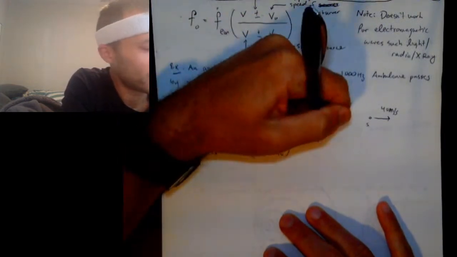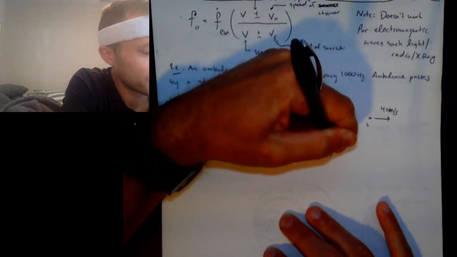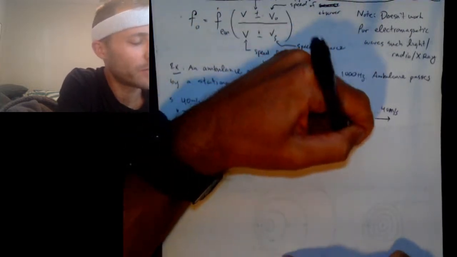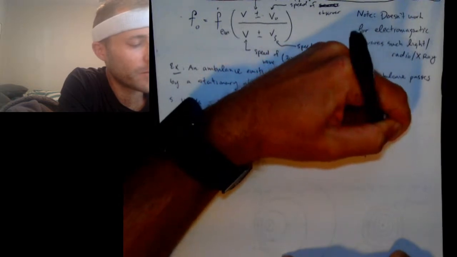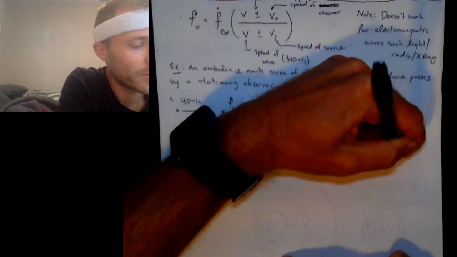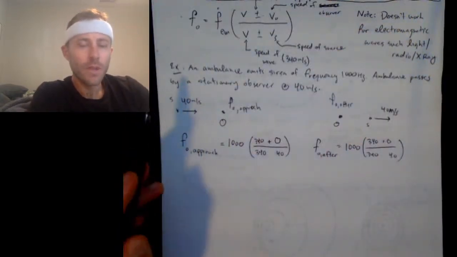And then I have the exact same thing for after. It's going to be 1000 times the fraction 340 plus 0 over 340 plus or minus 40.